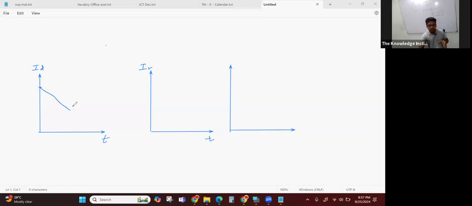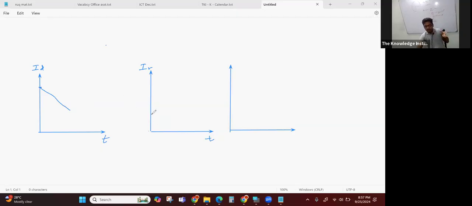We have studied that in chemistry also: the rate of diffusion will decrease. Therefore ID starts with the maximum value and it decreases, right? And then IR: initially there is no electric field.